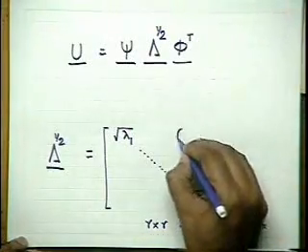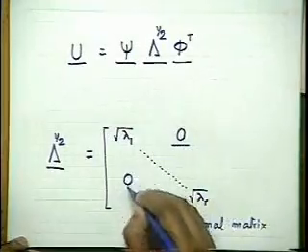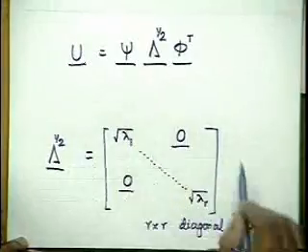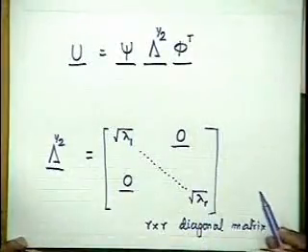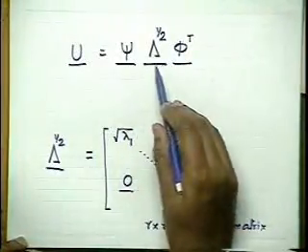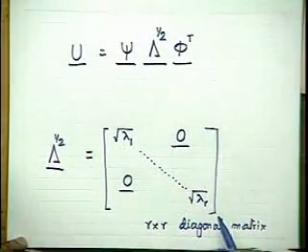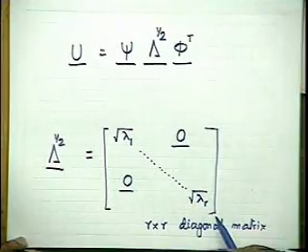All the rest of the elements are zeros. So this is an r by r diagonal matrix whose each element is the square root of the eigenvalues.